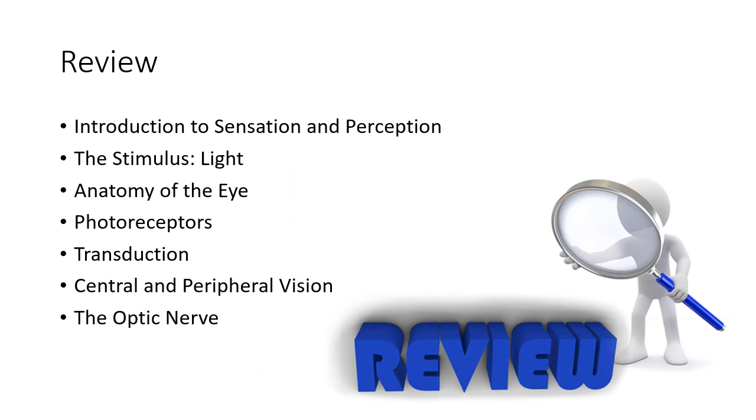Okay, as I said, I was going to keep this relatively short. I could go on and on about vision, but I wanted to keep these topics short, especially since we're behind. So I looked at what is sensation and perception. Started with the stimulus for vision, which is light.